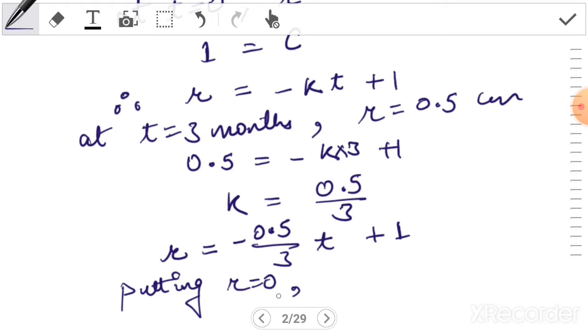So putting r is equal to 0 in the above equation and solving for t, this gives 0 is equal to minus 0.5 by 3 times t plus 1, that is 0.5 by 3 times t is equal to 1 and t is equal to 3 by 0.5.